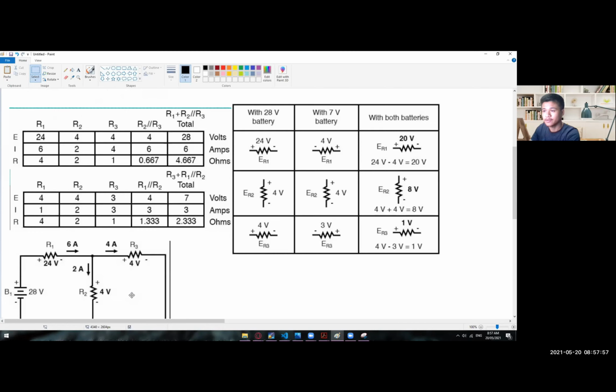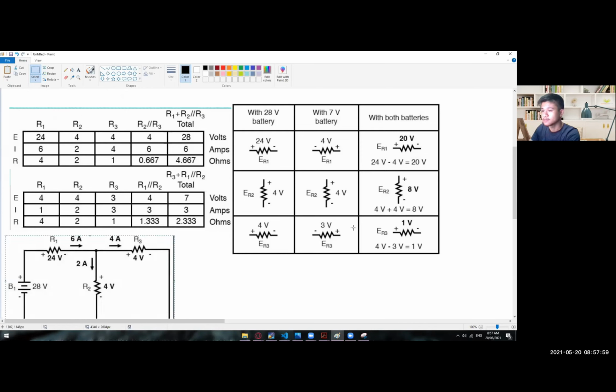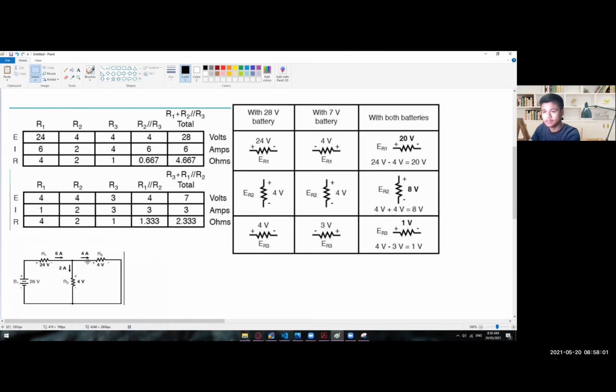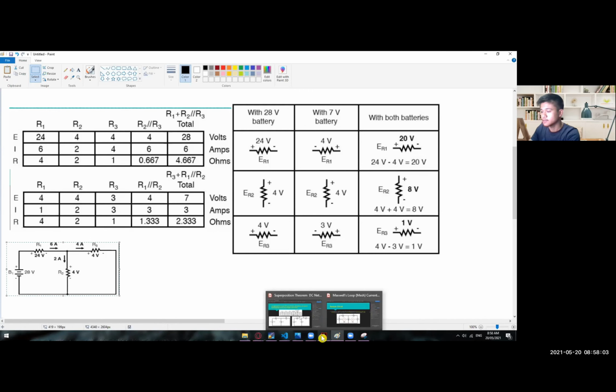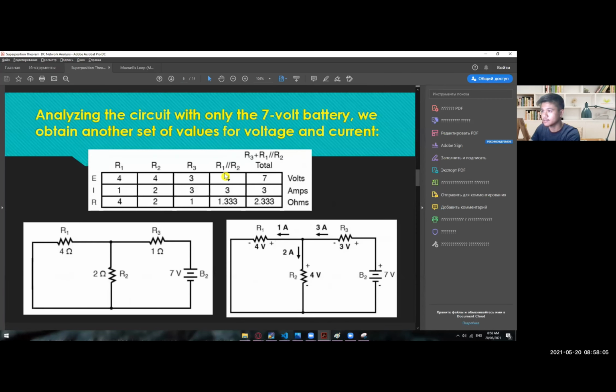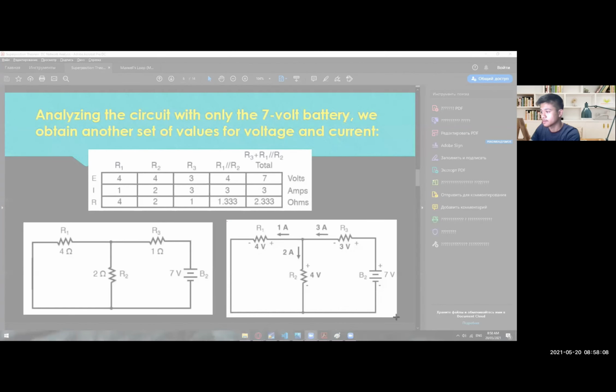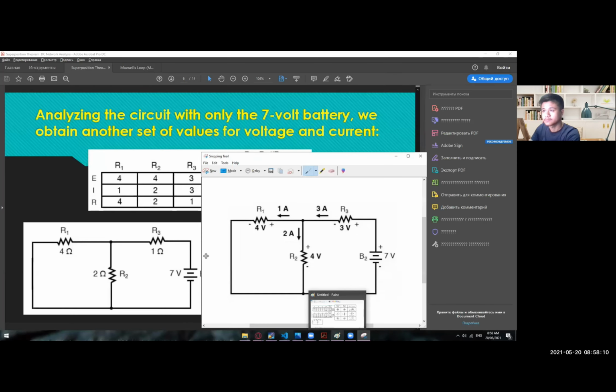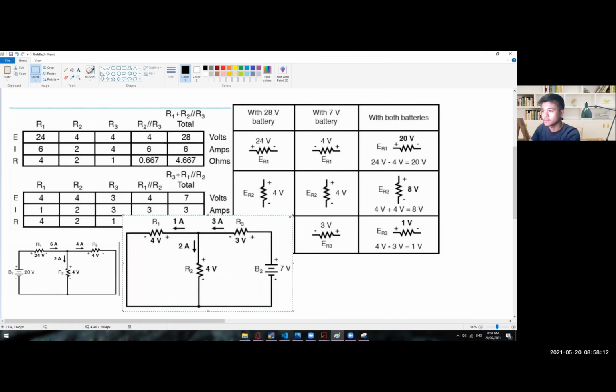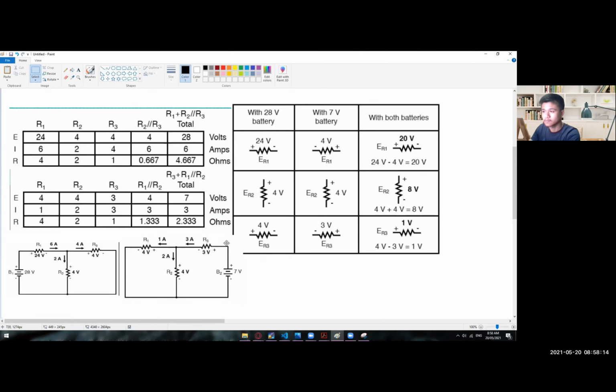So we have here the first table, let me shrink this one, and we have here the second table. I hope you can still see this.